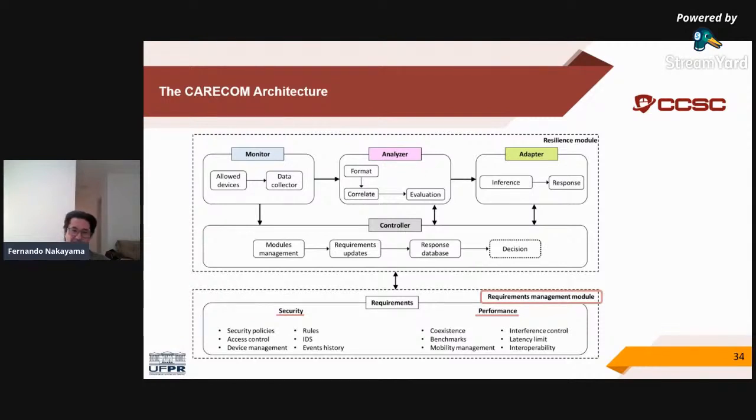So for any event that might affect security, such as a policy violation, or affect performance, such as extended delays, the resilience module must consult the requirements management module, deal with the specific event, and provide the necessary updates. So the main concept considering the CareCon architecture is that it is crucial to keep the essential services working, even in the presence of failure and attacks, to only then achieve the communication resilience.